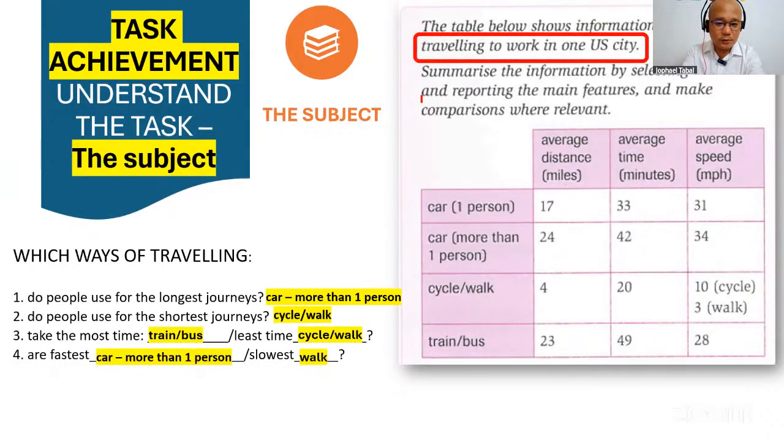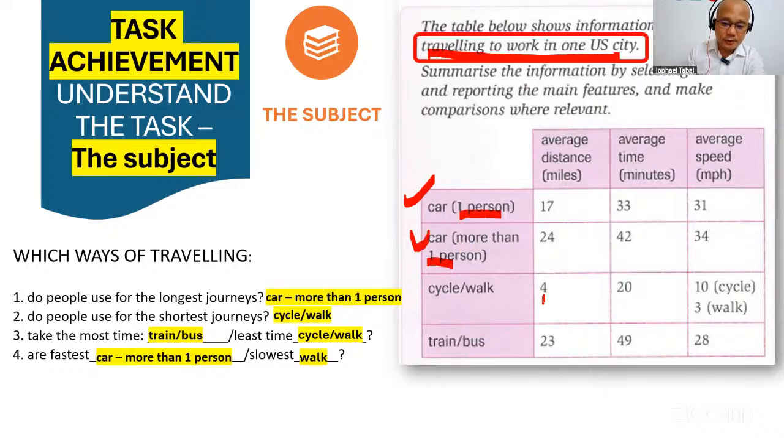Another example is this one, okay? If you look at the graph here, the information shows traveling to work in one US city. So that means, how do people in one US city travel to work? People travel to work by car, only one person in one car, also by car but more than one person in one car.